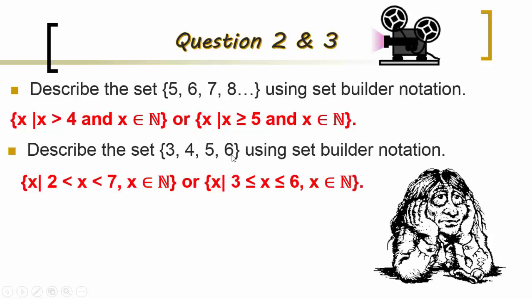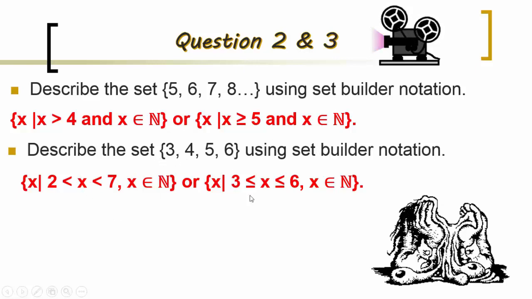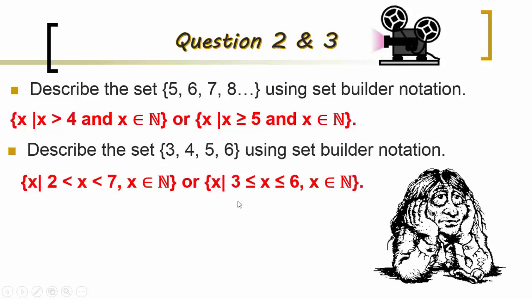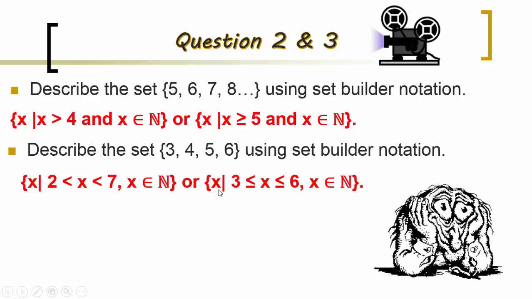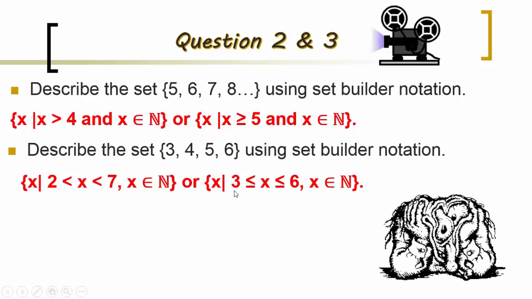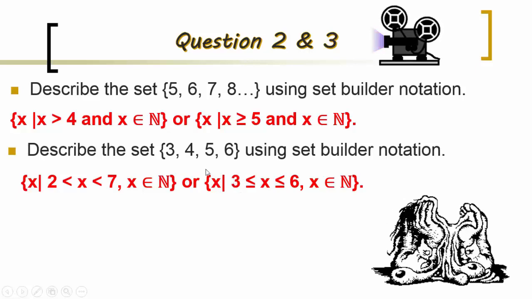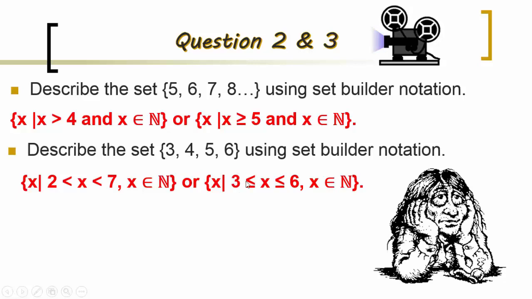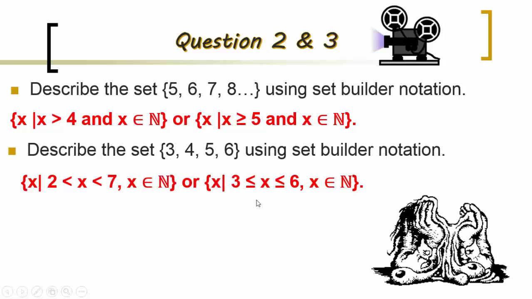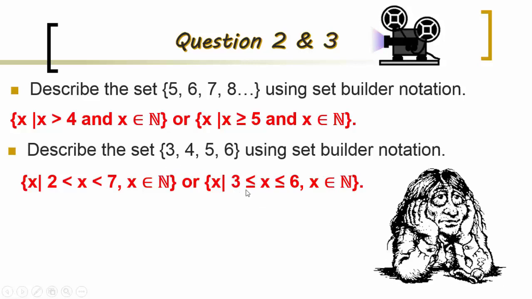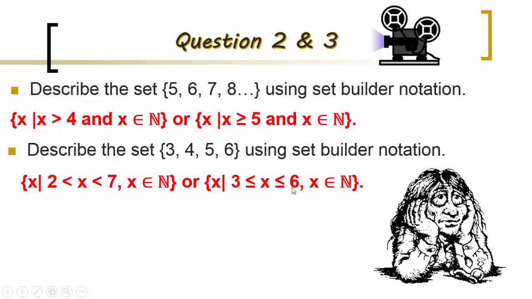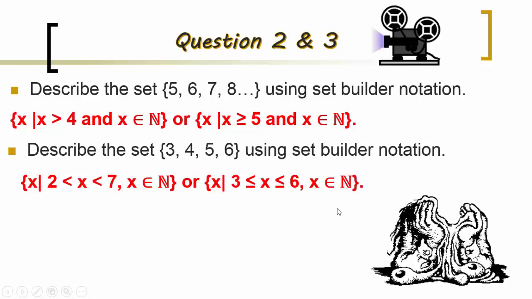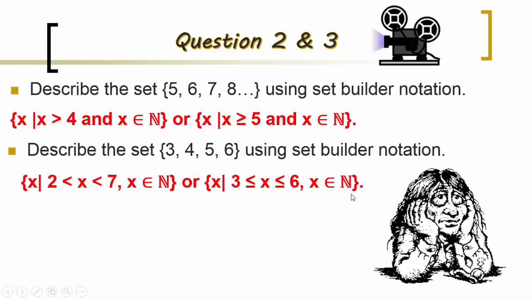So x is not all the natural numbers, it's only a few of them. Or we can write the set of all x such that x is greater than or equal to 3, because we're starting at 3, so it'll include 3, and x is less than or equal to 7, where x is an element of the natural numbers.